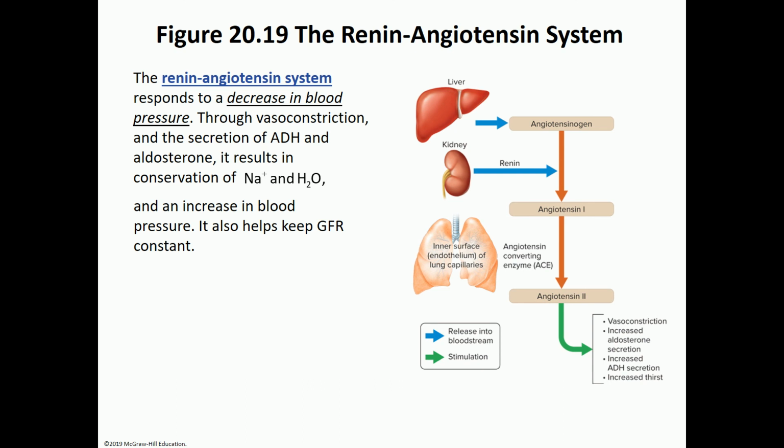So it increases thirst, it vasoconstricts, and it increases the levels of 2 different hormones, aldosterone and antidiuretic hormone. Basically, what those 2 hormones are going to do is conserve sodium and water and prevent them from being lost in urine.